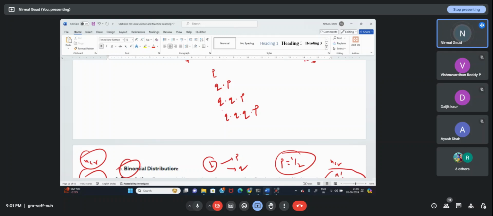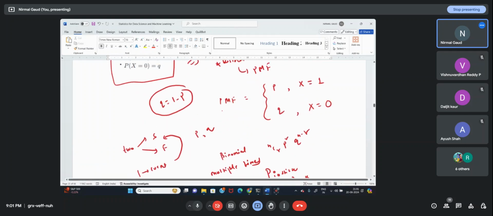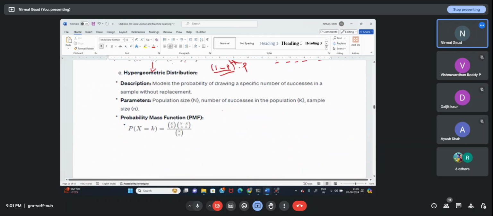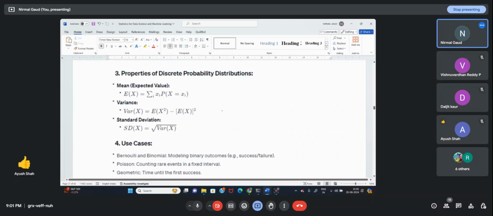So this is geometric distribution. Okay, fine. All right, so that's very simple and discrete.